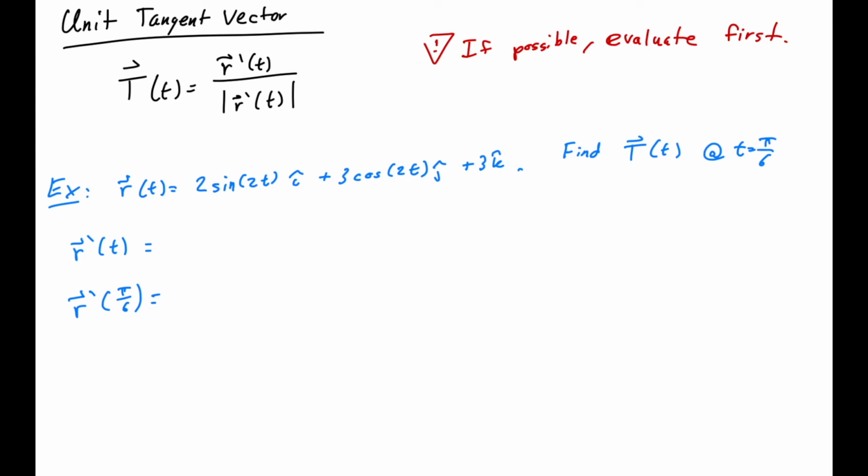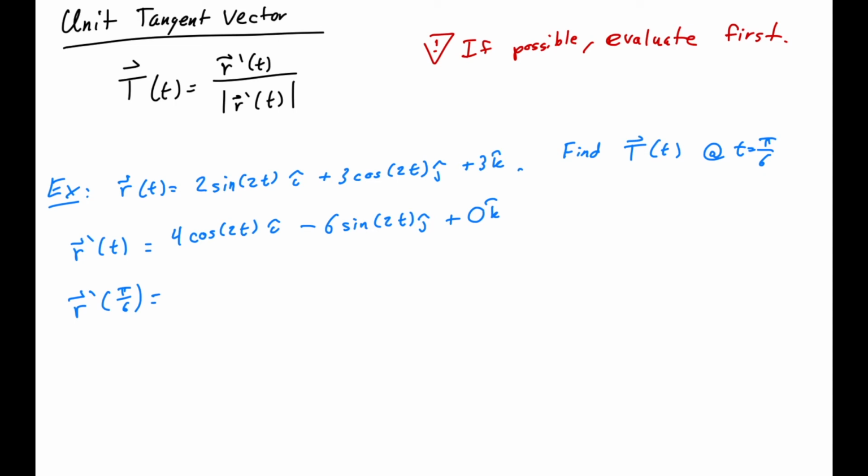R prime. Did you get 4 cosine 2t in the i direction? Did you get negative 6 sine 2t in the j direction? Plus 0 in the k direction? It doesn't matter that much if you wrote the 0, but there should not be a component there anymore. And so when we plug in pi over 6, careful that we're multiplying by 2 here, folks.